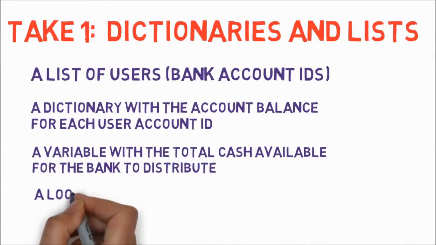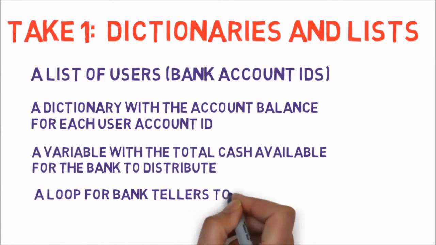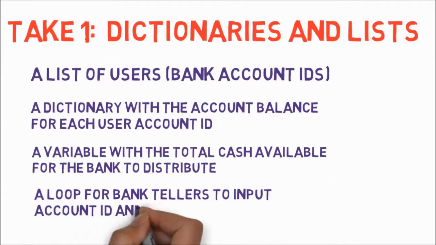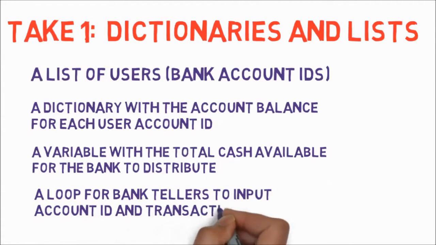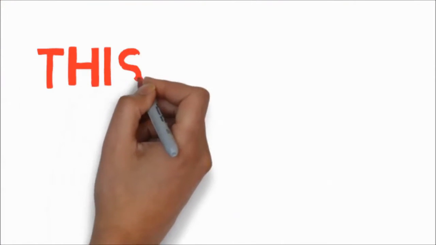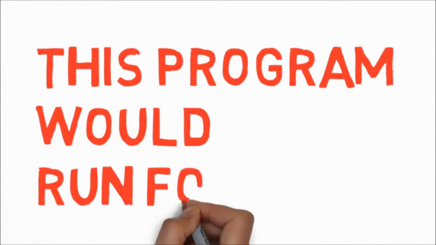Then you would set up a while loop. This would continuously keep asking, as an input, for the account ID and the transaction amount, how much is being withdrawn or deposited from the ATM. This loop and this program would essentially run forever.